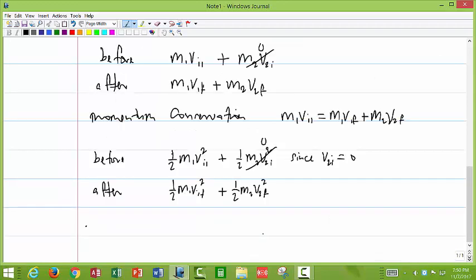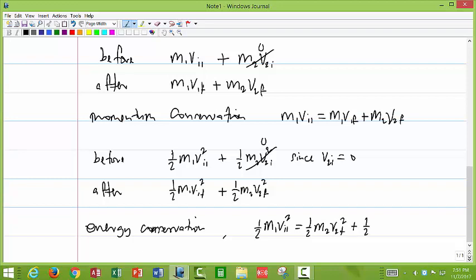And then energy conservation means that we have the initial energy, half M1 V1 initial squared, equals half M2 V2 final squared plus half M1 V1 final squared, like that.